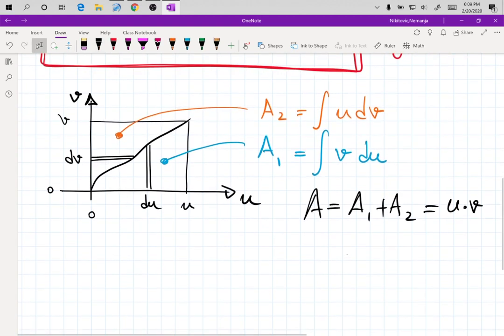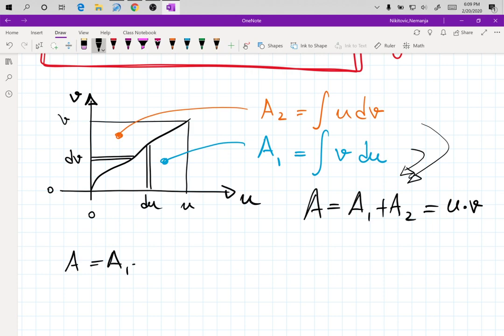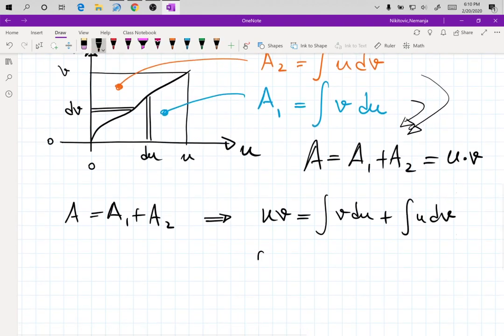And now, when you plug these two integrals where they belong, you will get that area is equal to A1 plus A2, which is reflected as uv is equal to the integral of v du plus integral of u dv, and you rearrange it again as integral of u dv is equal to uv minus integral of v du.